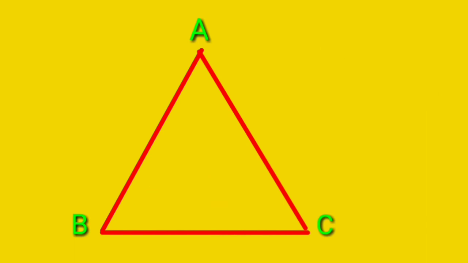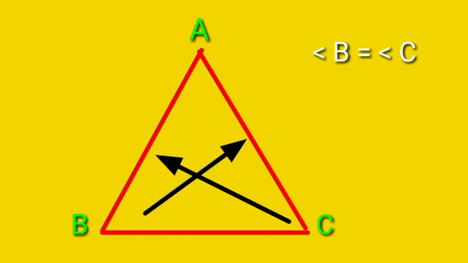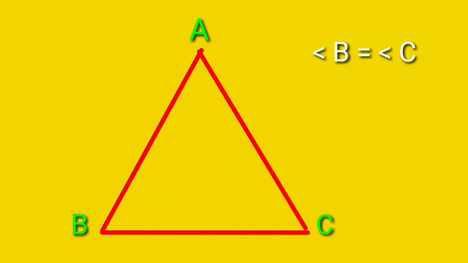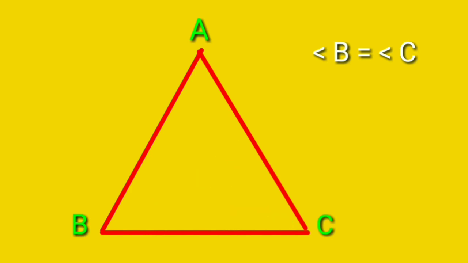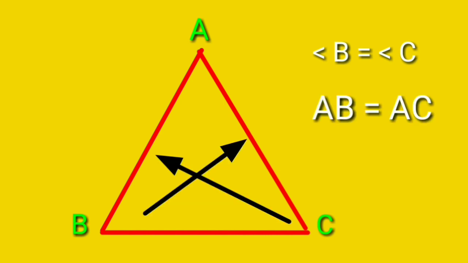Now, if the other two angles of this triangle are equal, like angle B equal to angle C, then their opposite sides, that is AB and AC, will also be equal. Understood? So AB equal to AC.